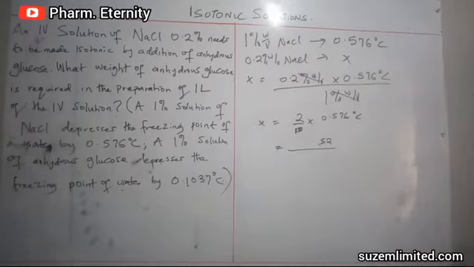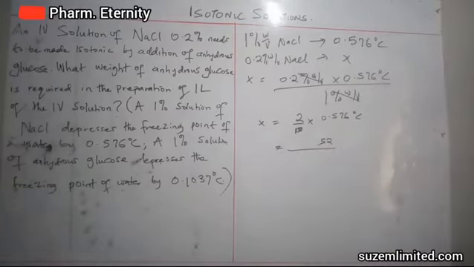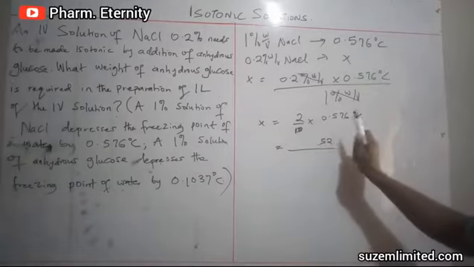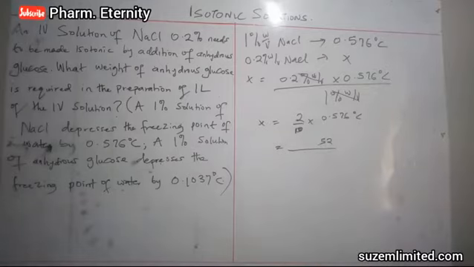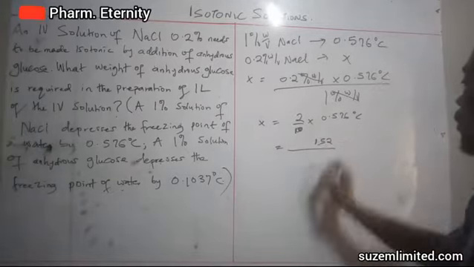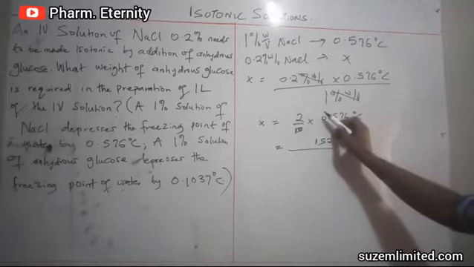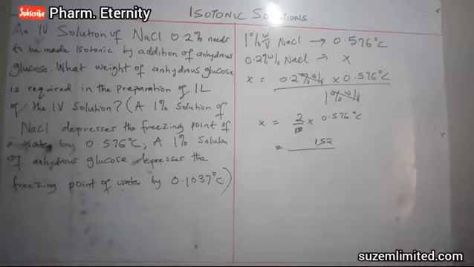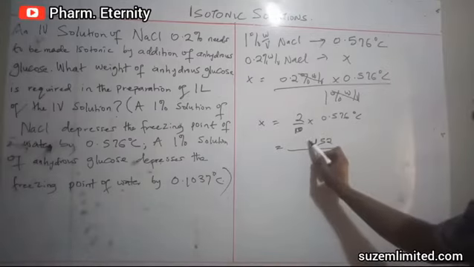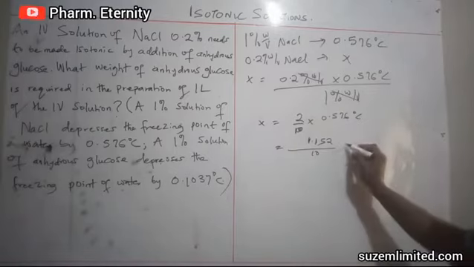We put 5, carry 1 again. 2 times 5 is 10. 10 plus 1 is 11. We write 1 here, carry 1. The point will come up. 2 times 0 is 0, plus 1 becomes 1. So we have 1.152 over 10. So this divided by 10 will give us what?